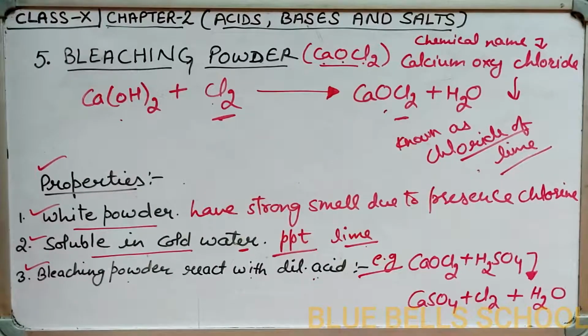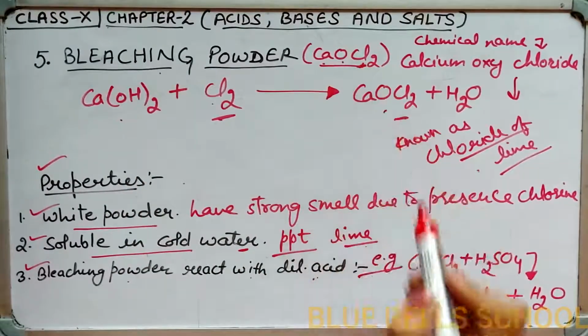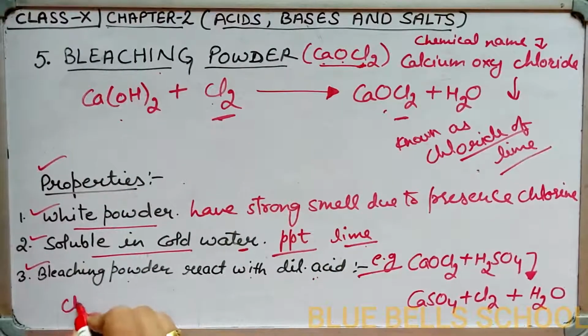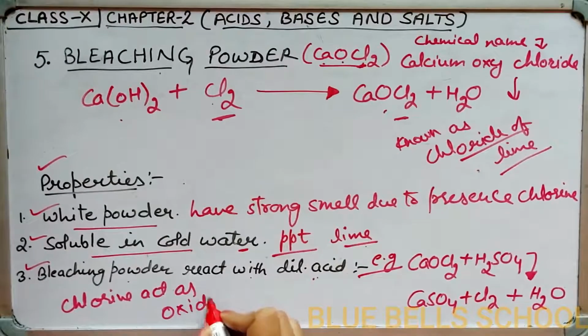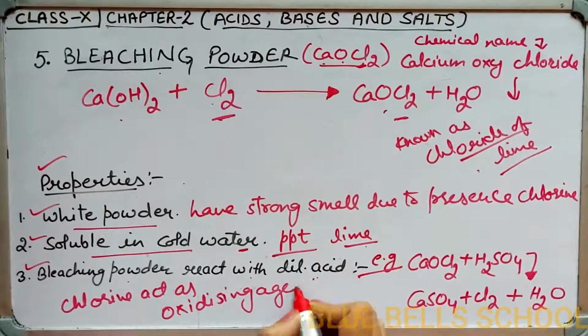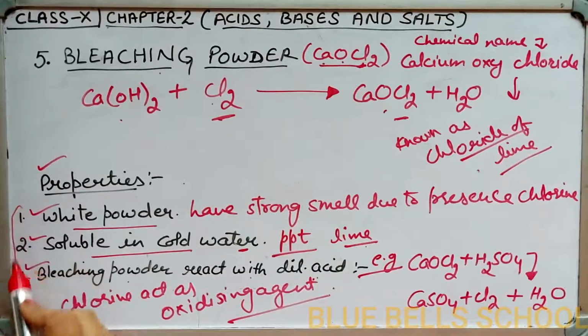This equation is used to show you that in bleaching powder, the chlorine will act as an oxidizing agent. Now these are the three properties of bleaching powder.